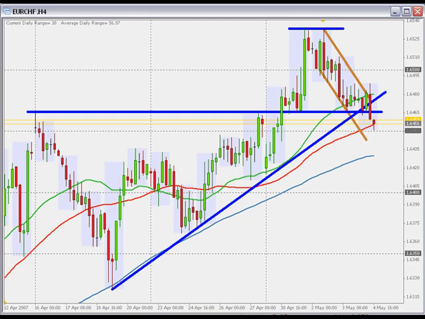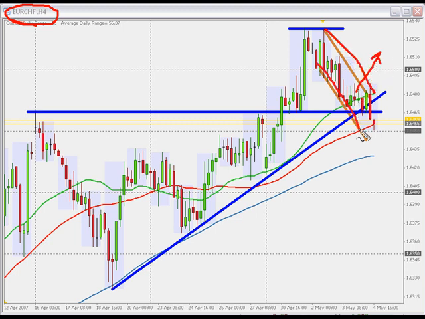Hi guys, just a quick update on the setup that I was looking into for the EURCHF in the 4 hours chart. In the previous half of the video, I commented that I wanted to base a long opportunity on the breakout to the upside of this retracement channel upon bouncing off this area of support. It was basically before an area of resistance.